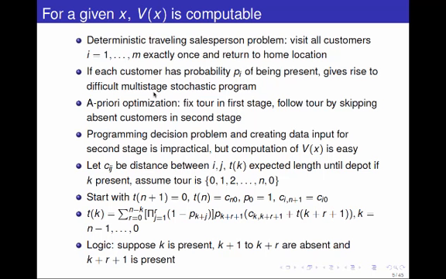For example, in the traveling salesman problem, there will be one optimal route. There will be one choice of a tour which has the lowest sum of distances, in the deterministic situation.